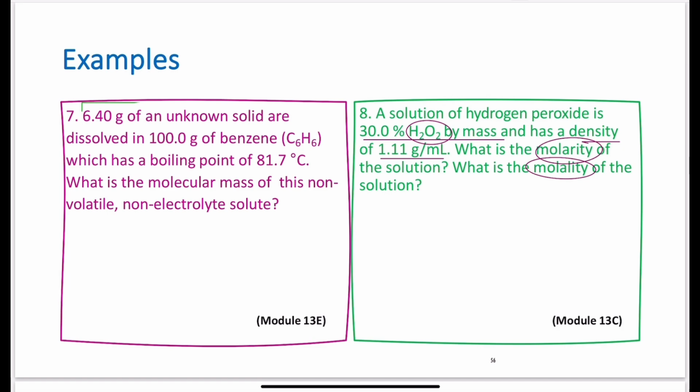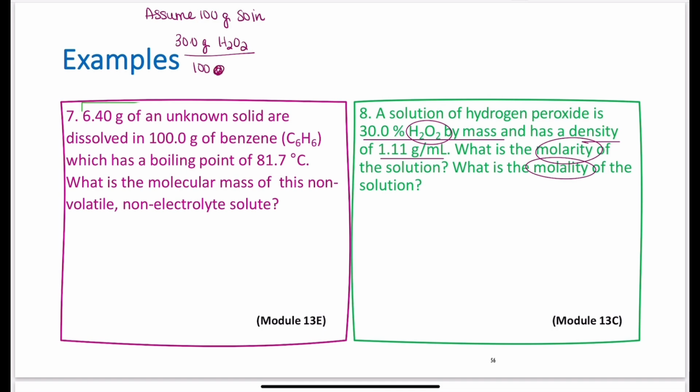Let's do it. When you are given a percentage, especially percentage by mass, I want you to assume 100 grams of solution. Why? Because this makes your math really easy. If I have 100 grams of solution, that means I have 30 grams of H2O2 per 100 grams.